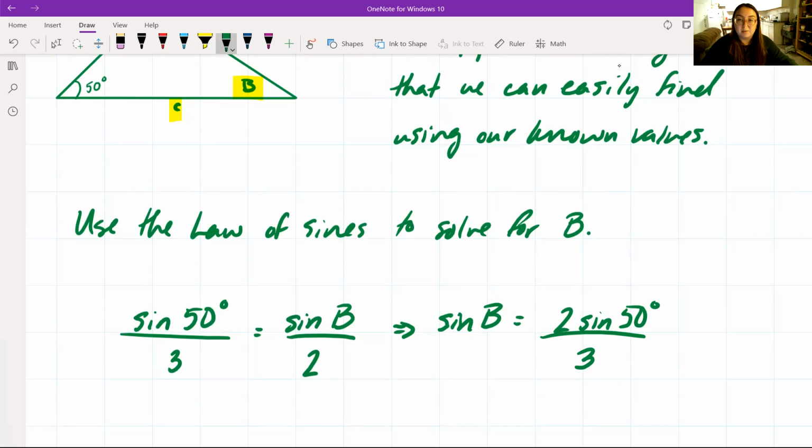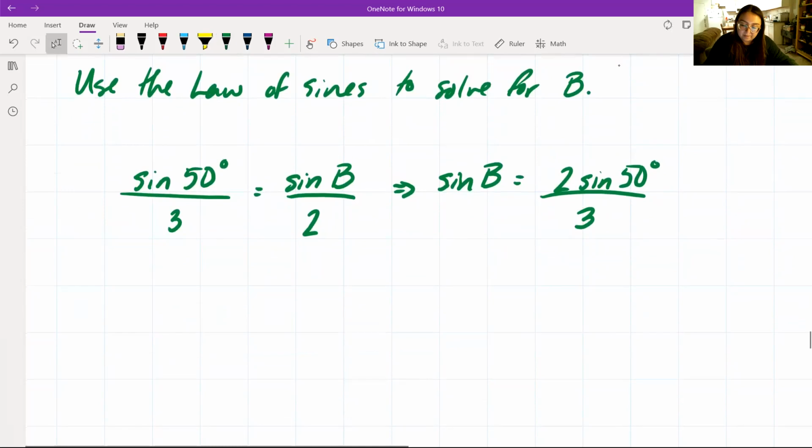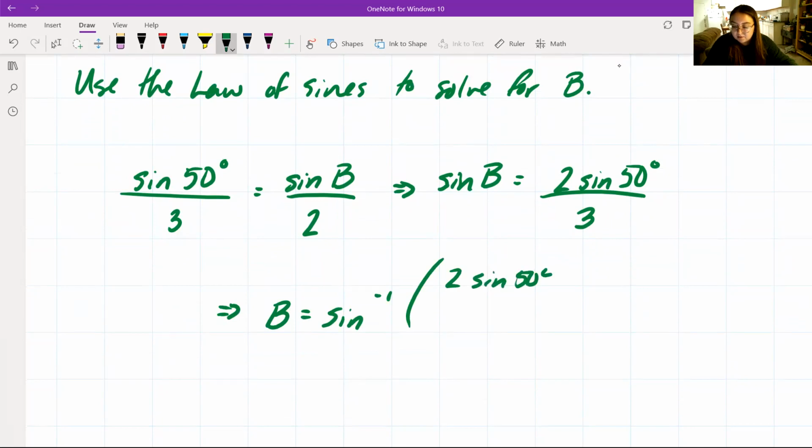But of course, we want to solve for B and not sine of B. So B is going to be equal to sine inverse of 2 sine 50 degrees divided by 3. Now we really want to plug this into a calculator, and this ends up giving us the angle measurement of 30.7 degrees.